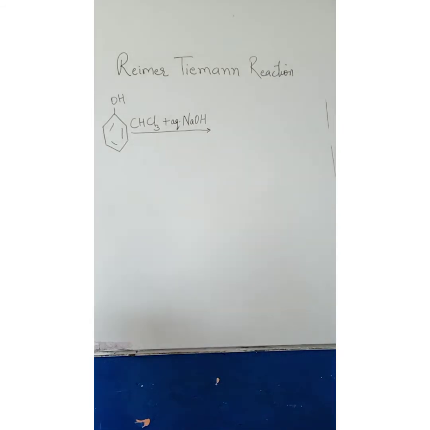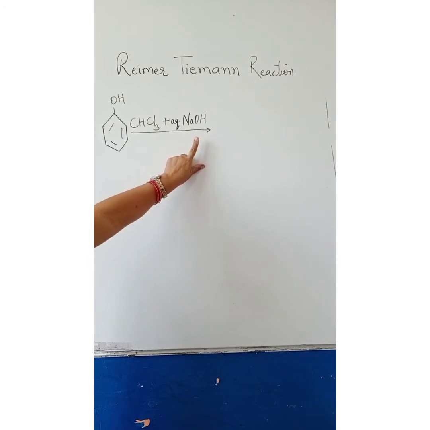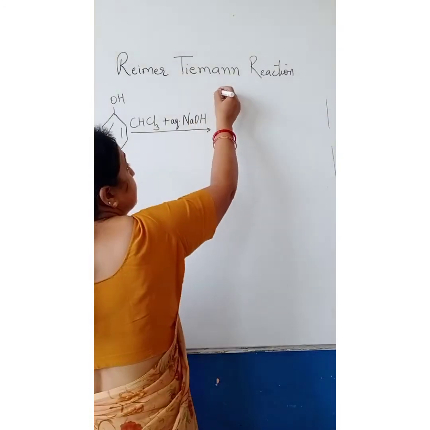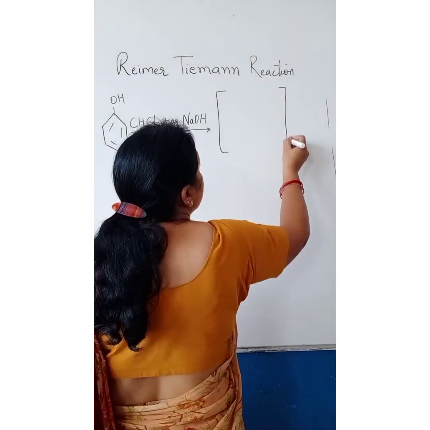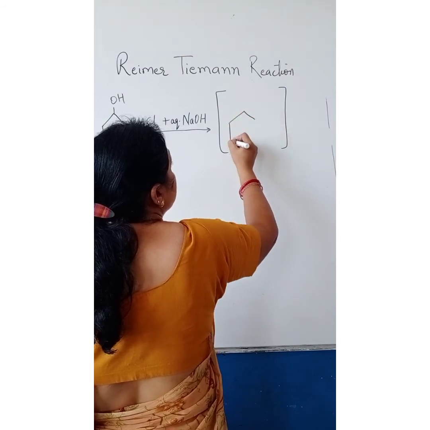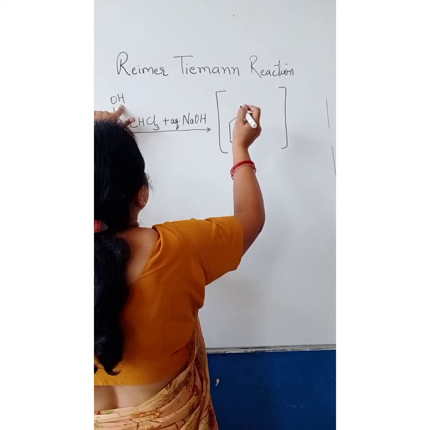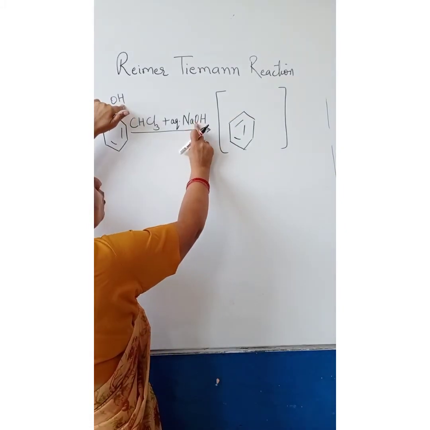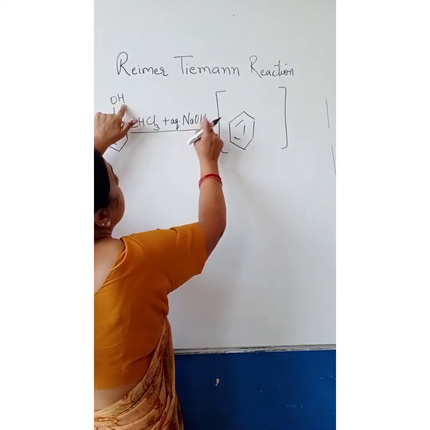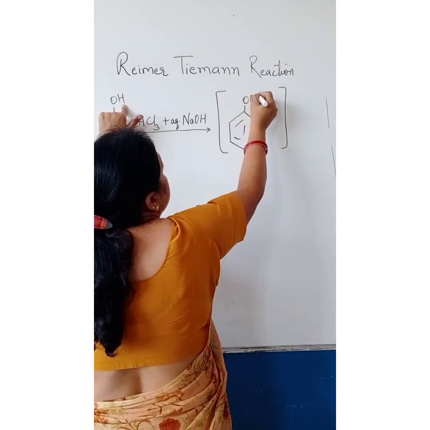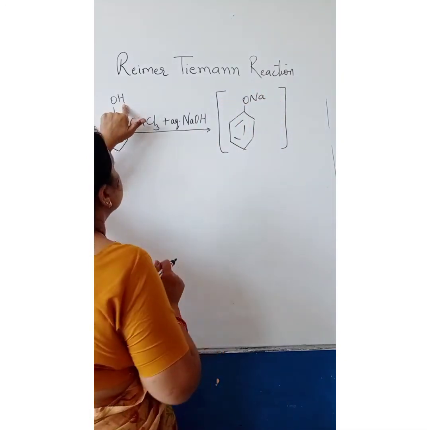Reimer-Tiemann reaction. Phenol is treated with chloroform and aqueous NaOH. So this gives rise to an intermediate in which this H gets replaced, OH and H as water, and ONa gets introduced in the benzene ring.